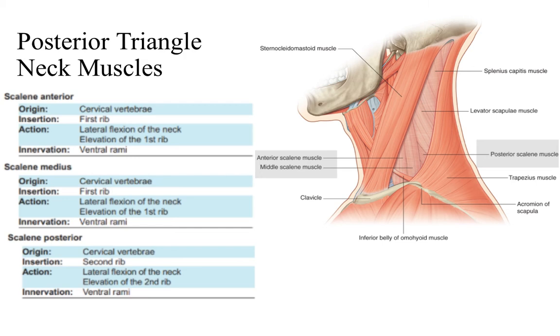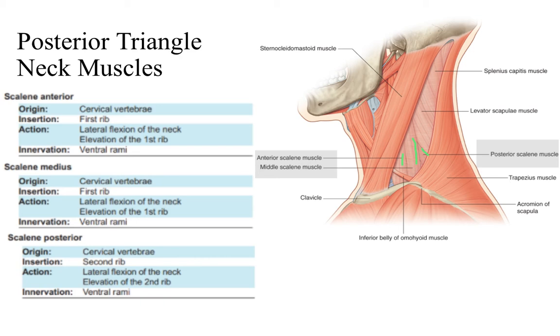Primarily what you'll have in there are your scalene muscles. And scalene muscles, think of a scalene triangle, which is a triangle having sides that are unequal in length. So these are triangular shaped muscles that have unequal sides. They're divided into your anterior scalene, your middle scalene, and your posterior scalene.